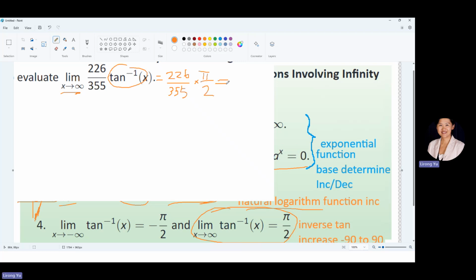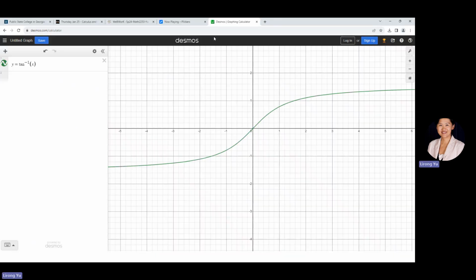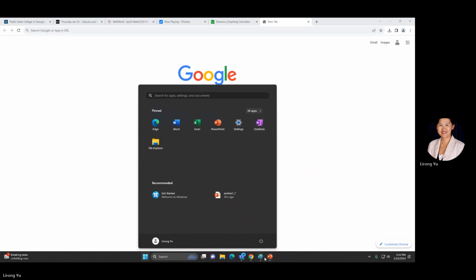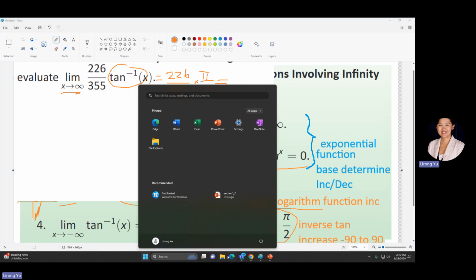Right, so this is the actual solution. So if we're going to find a number, it is this. So what was the number again? 226 over 355.